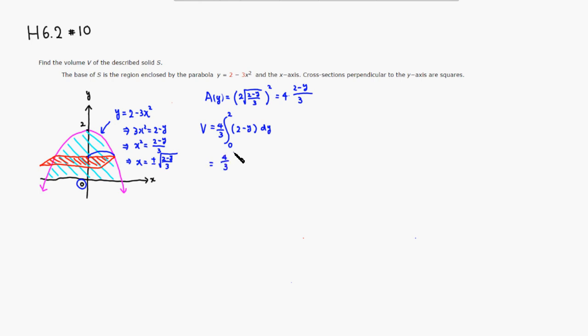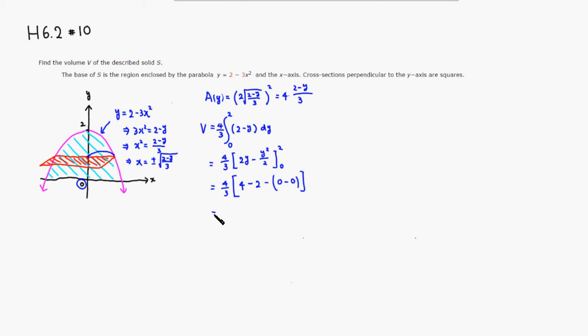So 4/3, the antiderivative of 2 is 2y, and the antiderivative of y is y squared over 2, going from 0 to 2. You have 4/3 times, plug in 2, so you have a 4, and 2 squared over 2 is just 2, minus plug in 0.